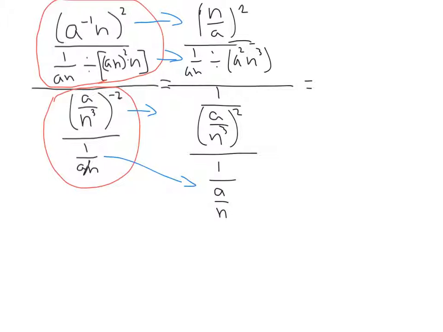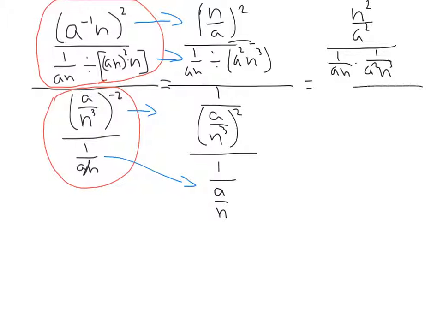But what we've got on the top then is going to be n squared over a squared over, and I'm going to use the flip rule, it's going to be 1 over a n times 1 over a squared n to the third.